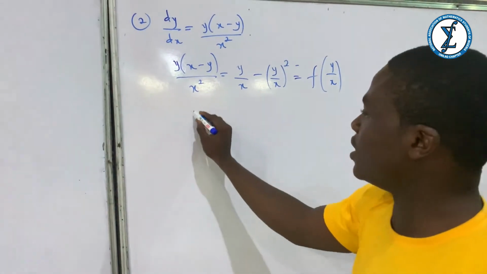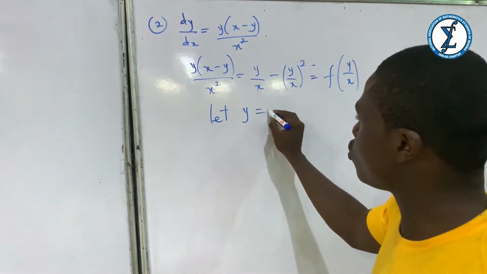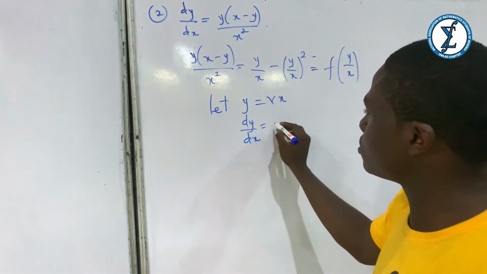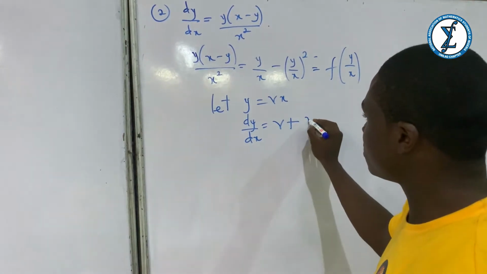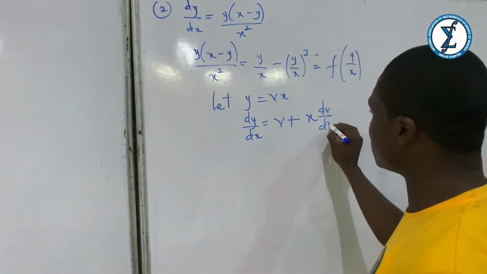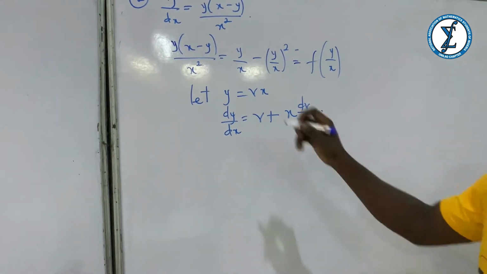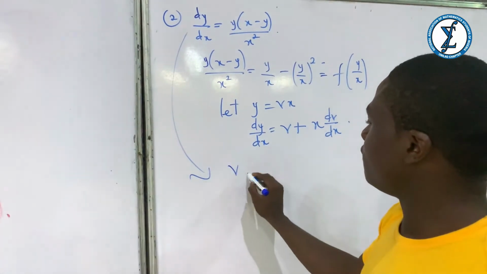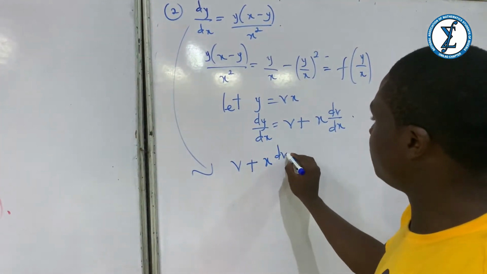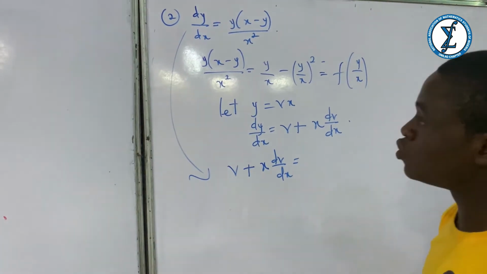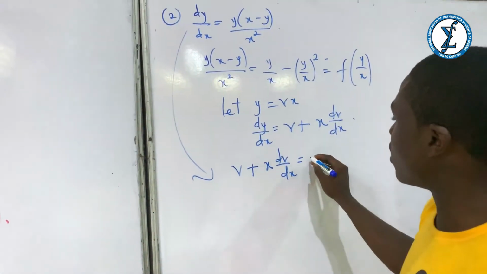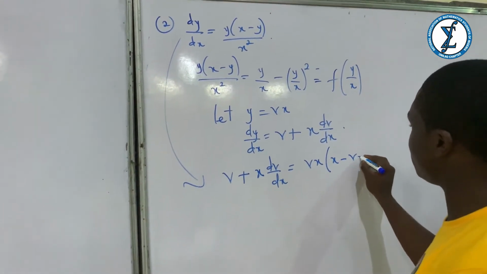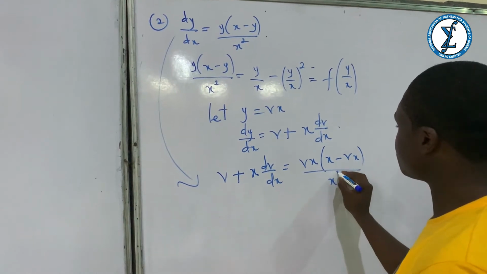So I would say let y be equal to v times x, so that dy/dx becomes v plus x dv/dx. So our question becomes v plus x dv/dx equal to, we have y up here, we said our y is vx, that's v times x, minus v times x all over x squared.